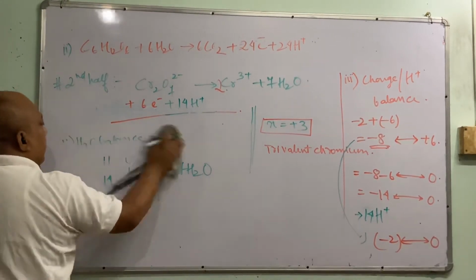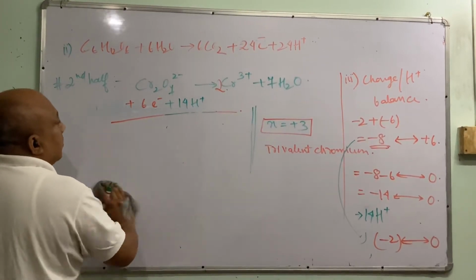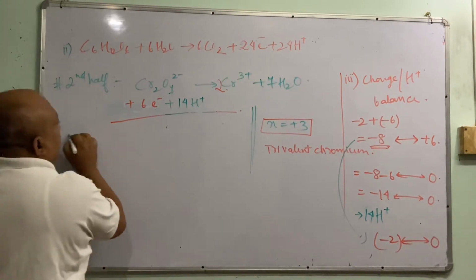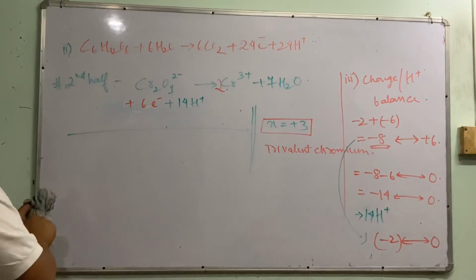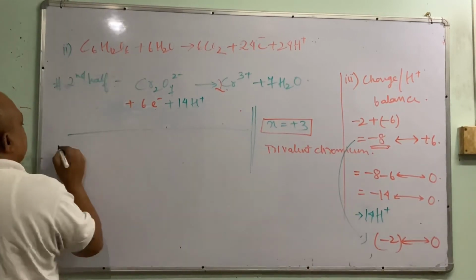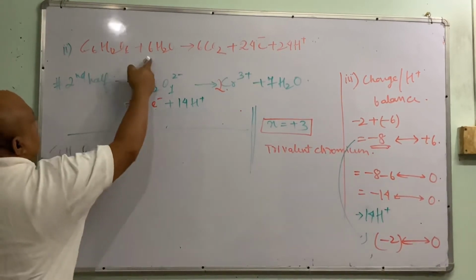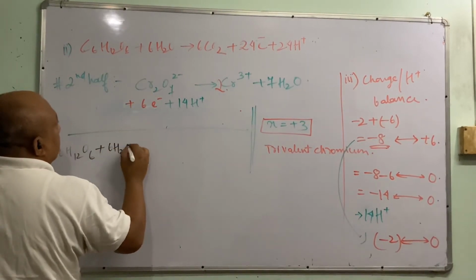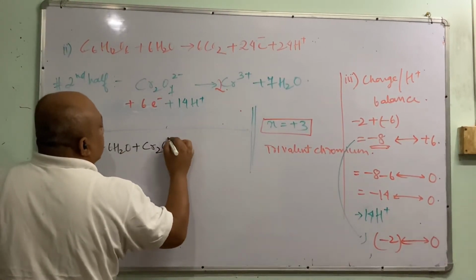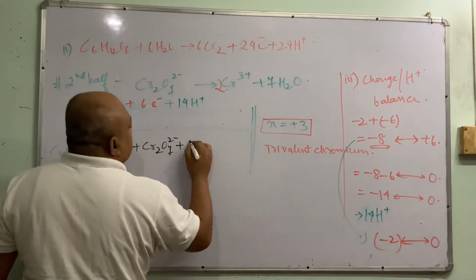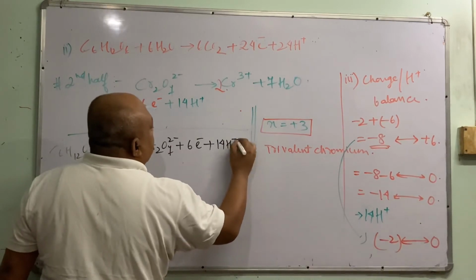Now combining these two, the first and second half reaction, what you obtain is, you see over here, C6H12O6 plus 6 molecules of water plus Cr2O7 2 minus plus 6 electron plus 14 molecules of hydrogen ion.